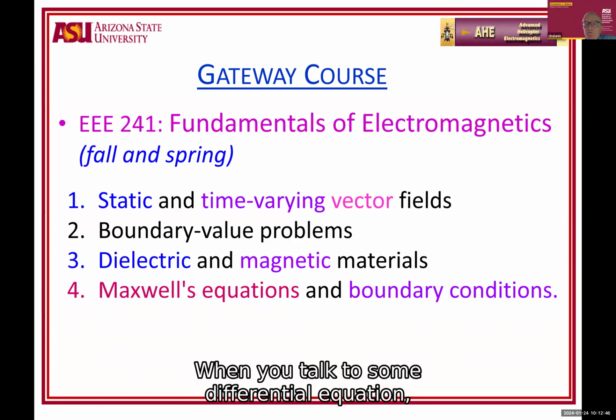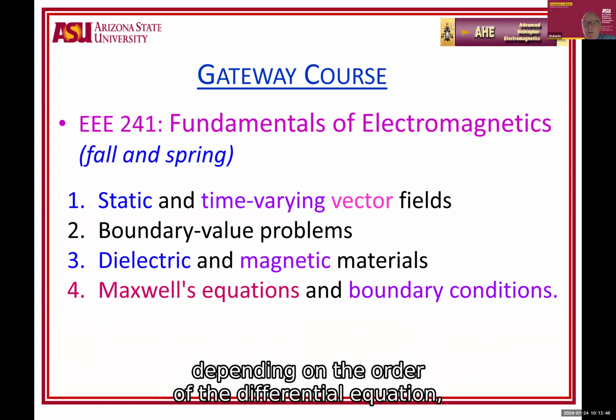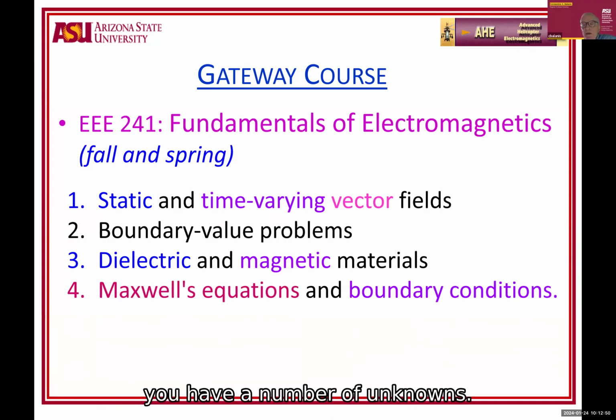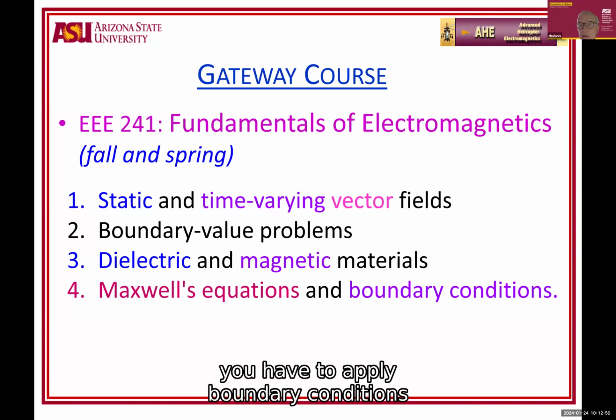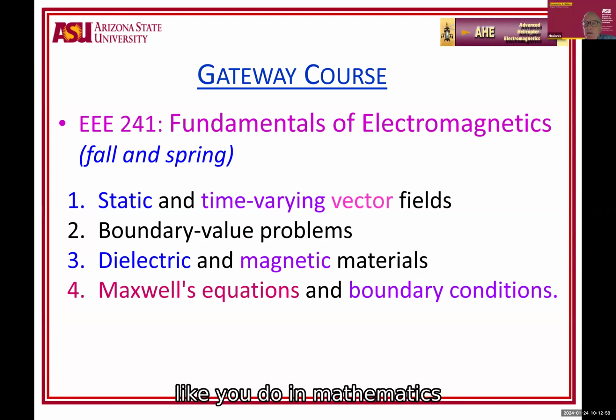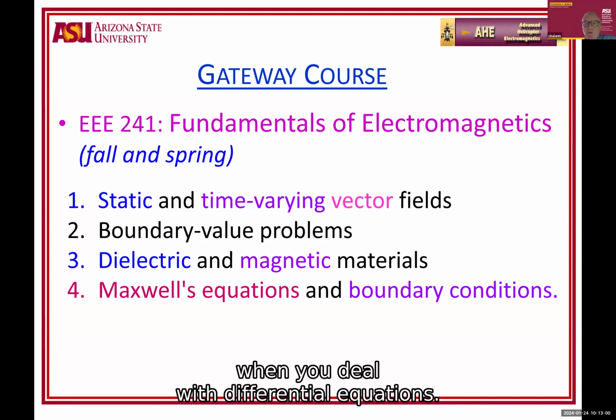When you try to solve a differential equation, depending on the order of the differential equation, you have a number of unknowns. In order to determine the unknowns, you have to apply boundary conditions, like you do in mathematics when you deal with differential equations.